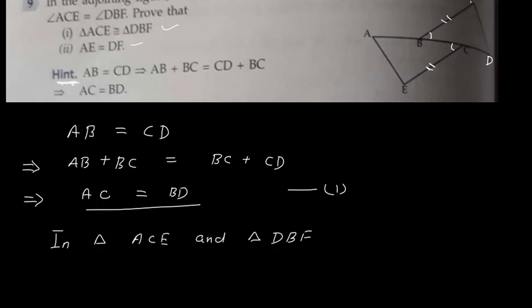Now in these two triangles, AC is equal to DB. This you can say from 1.